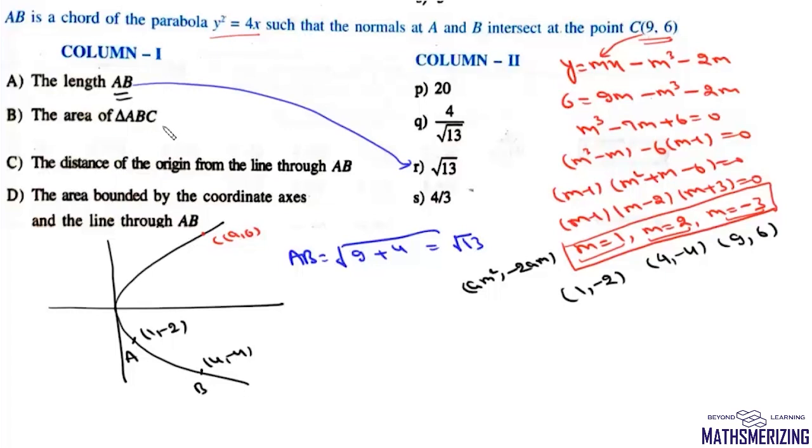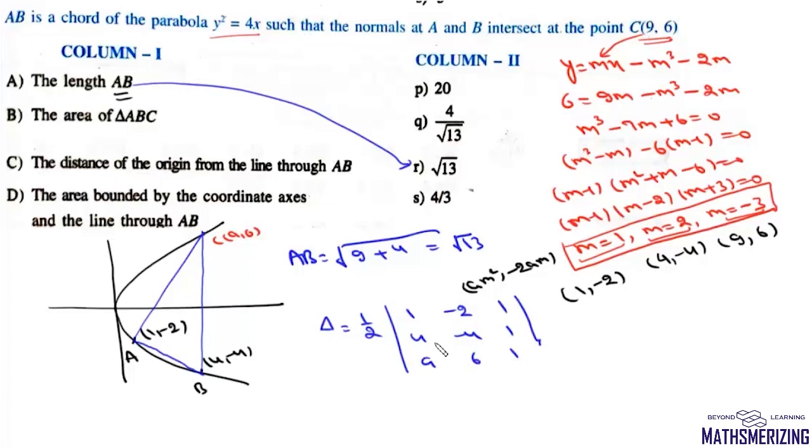Second one is the area of this triangle ABC. So we can find this area as 1 by 2 times the determinant with rows x1, y1, 1. So it will be (1, minus 2, 1), (4, minus 4, 1), and then (9, 6, 1). Now we'll take R1 minus R2 and R2 minus R3.